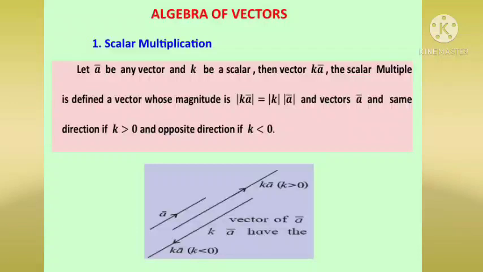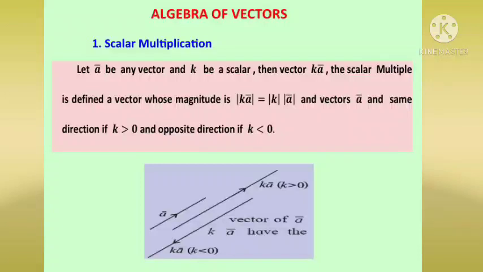Now what will be the direction of k into a bar? It depends upon the value of k. If k is greater than 0, that means if k is positive, then the direction of a bar and k into a bar will be the same. And if the value of k is less than 0, that means if k is negative, then the direction of the vector a bar and k into a bar will be opposite.